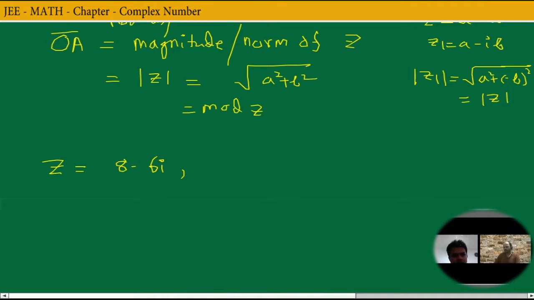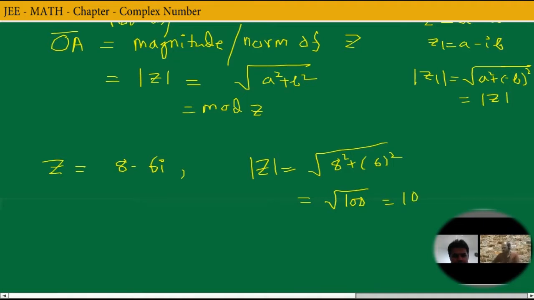Can you find its modulus? It will be 8 square plus negative 6 square, that is 100, root 100 is 10. Yes, you meant to say this is going to be root over 100, which is 10 units.